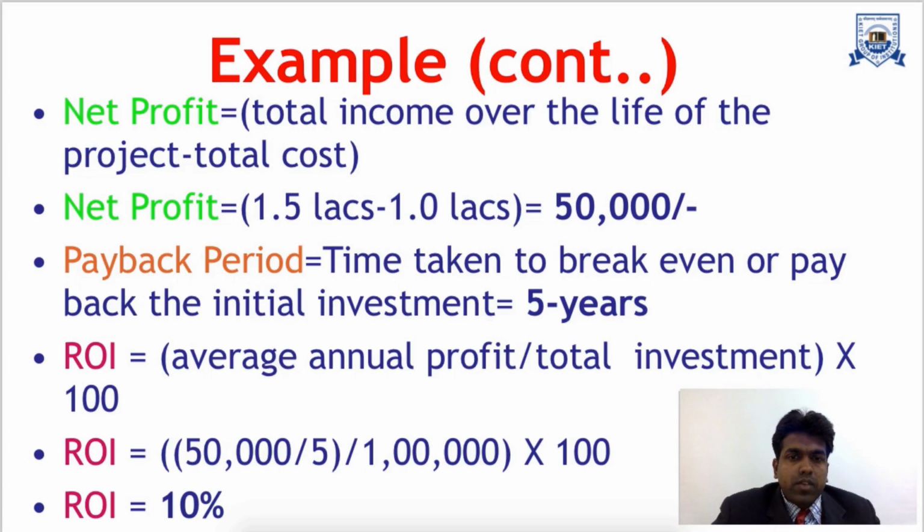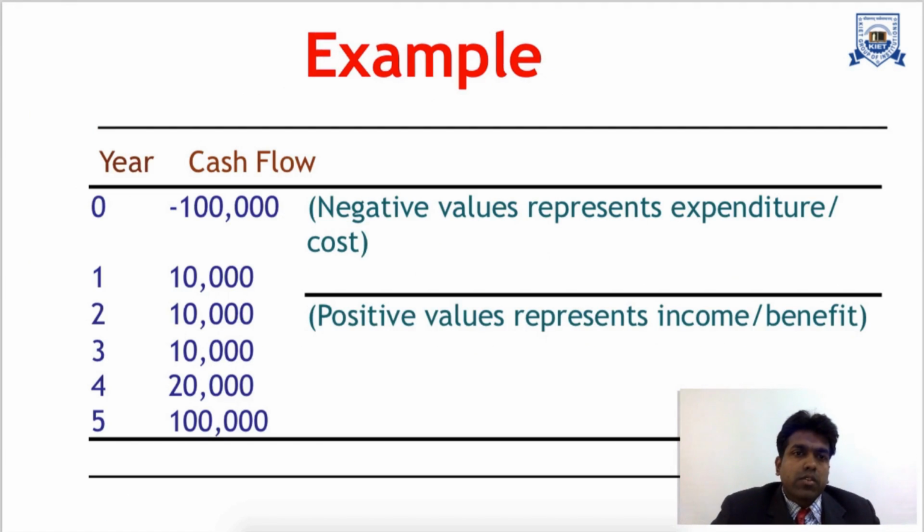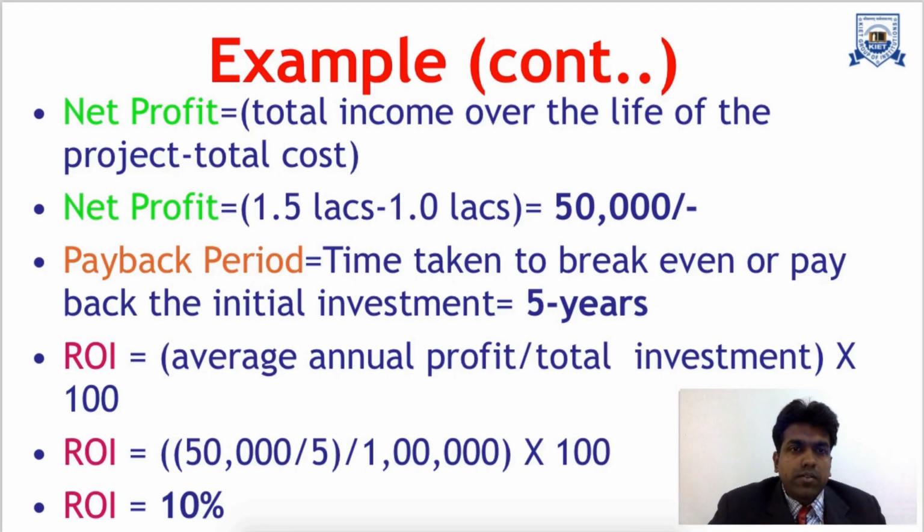Average annual profit will be 50,000, because the cost involved was 1 lakh and the total benefit we got is 1.5 lakh. That means the annual profit was 50,000. So this was the overall profit. Now we will have to calculate the per year profit.